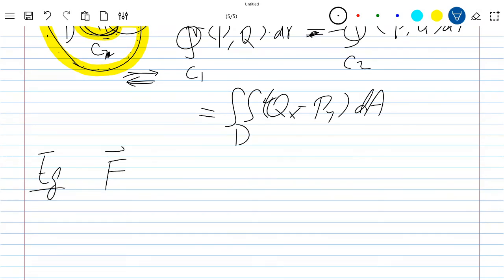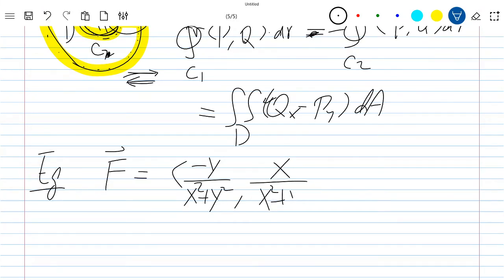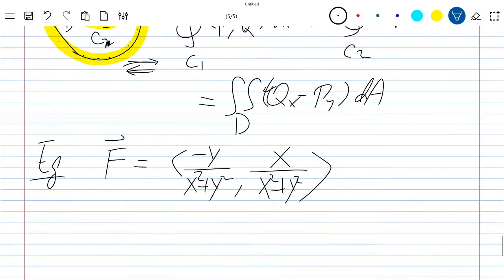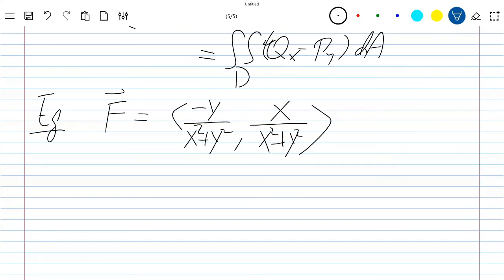F equals a particular field in 2D, x over x squared plus y squared. This is a very special field because you can check its qx and its py. You will see they are actually the same, but not always. Let's take its x derivative.